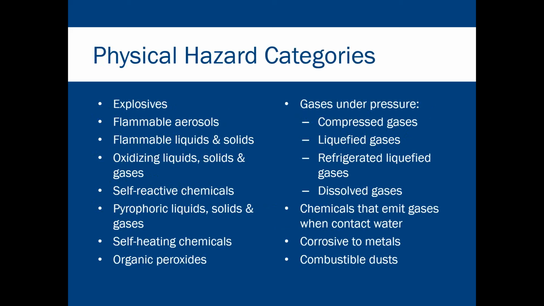These include chemicals categorized as explosives, flammables, oxidizers, self-reactive chemicals, pyrophorics, self-heating chemicals, organic peroxides, gases under pressure, chemicals that are going to emit gases when in contact with water, corrosives, and combustible dust. And I'll explain a little bit later in the presentation some more details that define these categories.